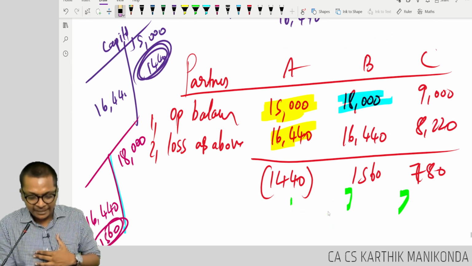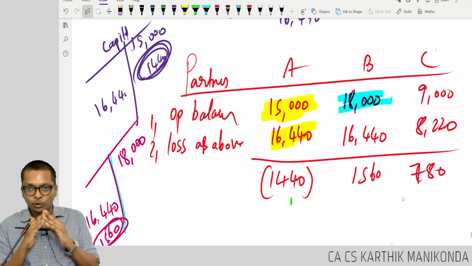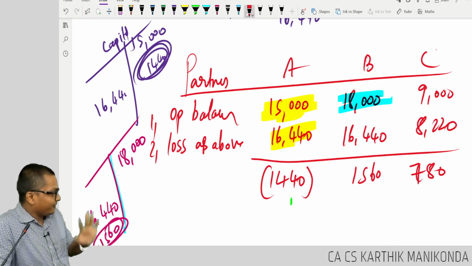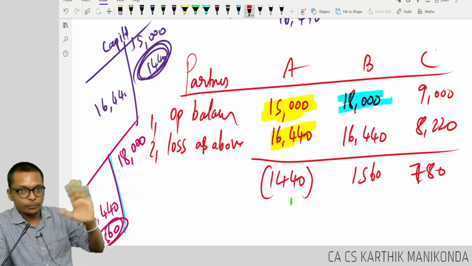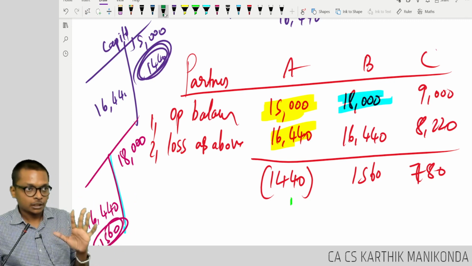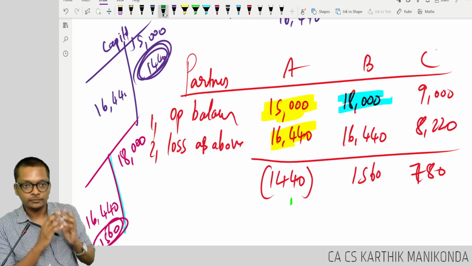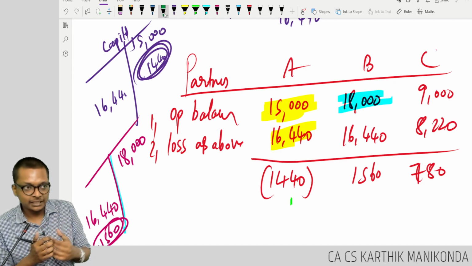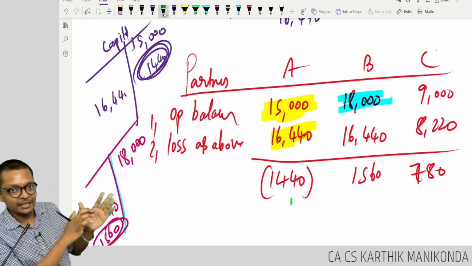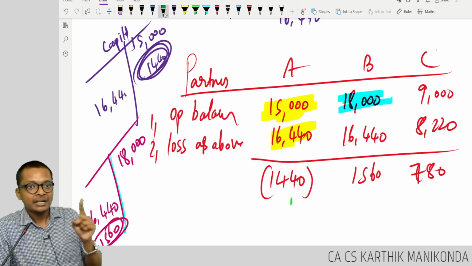But in this method, there is a much more in-depth logic. At foundation level, I don't want to go there, guys. A huge concept, huge logic. You are very right. 1,440 should go to them in profit sharing ratio. But this is what loss? Capital loss. Correct. So because it's a capital loss, we have a method called the Garner versus Murray rule. In that rule, they say such a capital loss will be shared by the other partners in capital ratio.